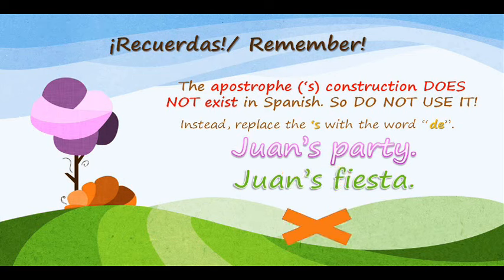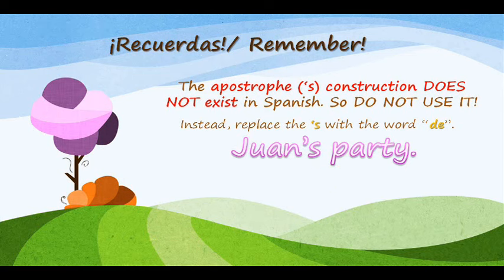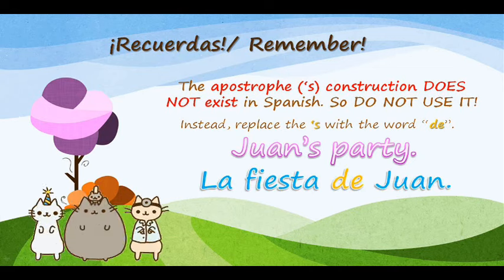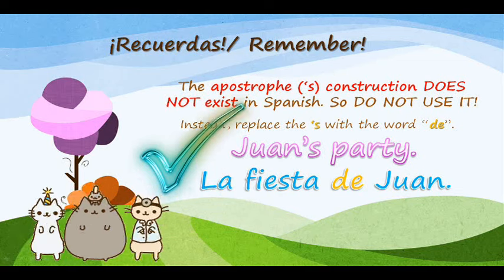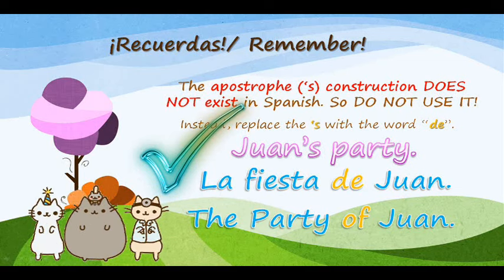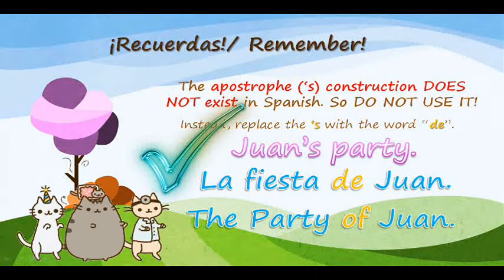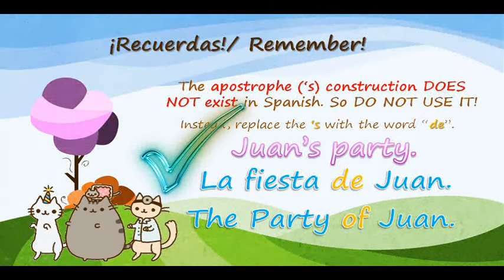It doesn't make any sense. Instead, we're going to replace the apostrophe S with the word de, literally ending up saying the party of Juan, la fiesta de Juan. So never use apostrophe S when trying to show possession in Spanish. Doesn't exist, so use de.